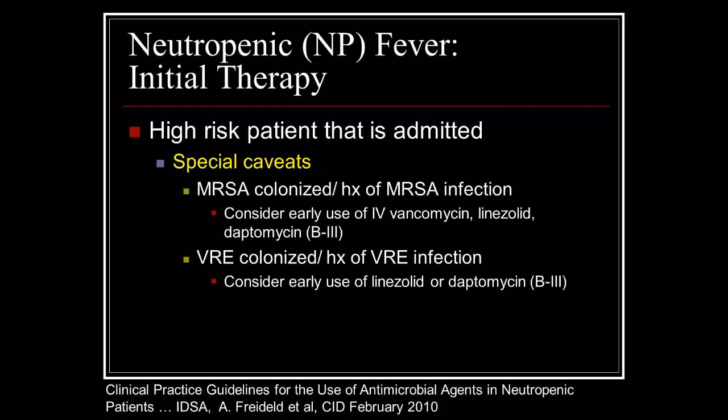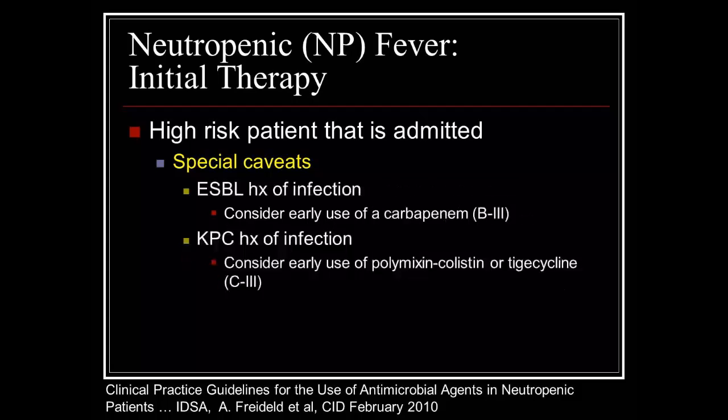On that same note, there are special times. If a patient has a history of issues with MRSA every time they have neutropenic fever, you give them vancomycin, linezolid, or dapto to cover for MRSA. If they have a history of VRE, for example a perirectal abscess, every time they have neutropenic fever, you can consider early use of linezolid and dapto, understanding that for every drug you add, you also add potential side effects.